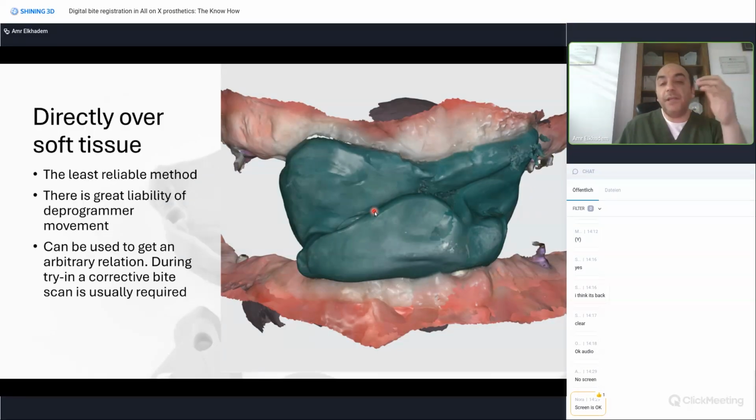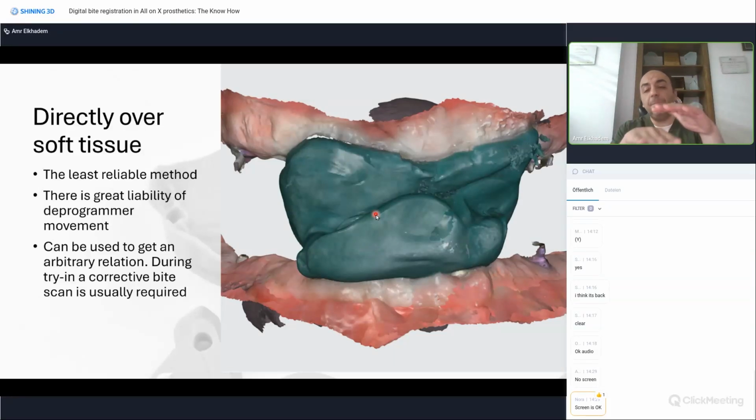Okay, now I'm having an upper and lower edentulous patient. Probably I don't have good support. Can I use the green stick, the deprogrammer, directly over the soft tissue? You can, but really it's not very reliable, because when the green stick becomes very big in size and not properly supported, it becomes mobile.